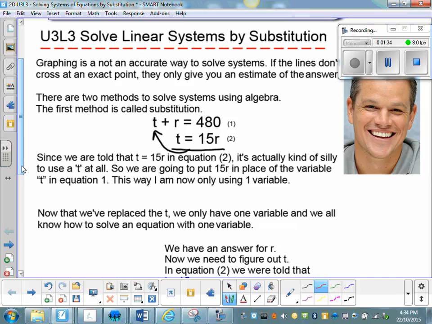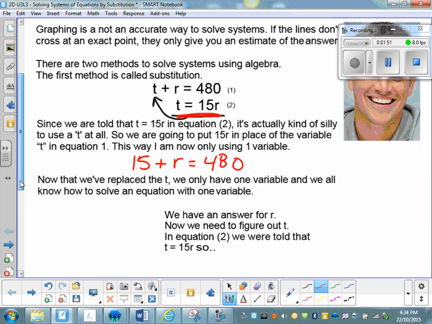So equation 1 is now going to look like this. 15r plus r equals 480. I can write that because the second equation tells me that t equals 15r, so I can replace the t in the first equation with 15r.